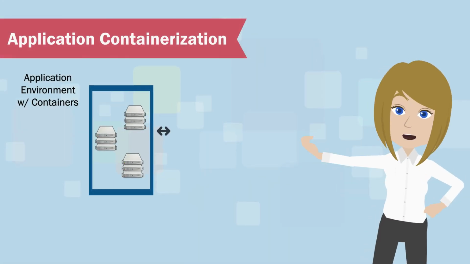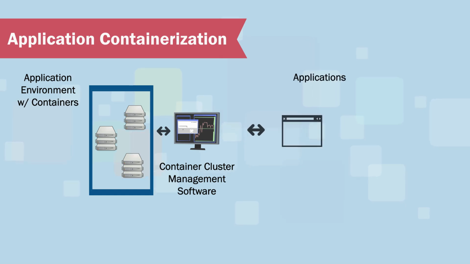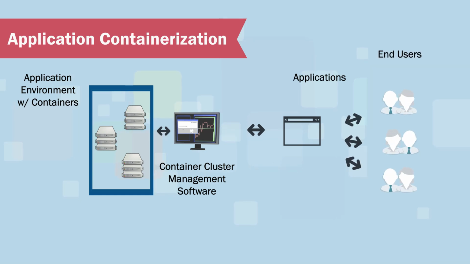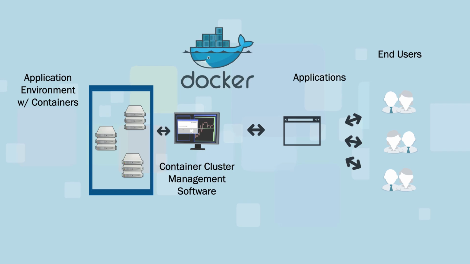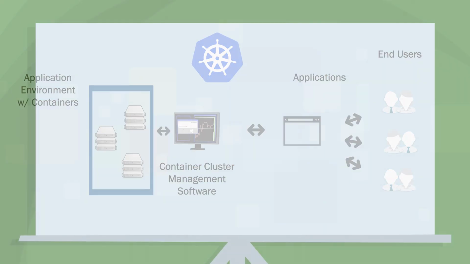Application containerization is a way to develop and deploy software. It packages the application's code with all the dependencies it needs to run, ensuring a secure and consistent environment. Docker can be used to deploy Malcolm on bare metal installations or in virtual environments. Kubernetes can be used to deploy Malcolm in the cloud or in distributed environments.